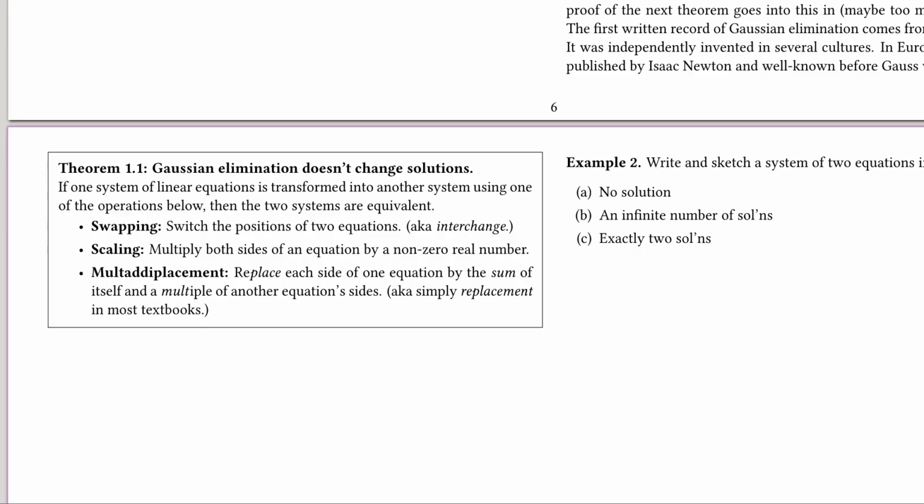What this says is that if one system of linear equations is transformed into another system using one of these three operations, then the two systems are equivalent. And remember, what equivalent means is that the two systems have the same solution set. Meaning, if one ordered list of numbers is a solution of one, it's got to be a solution of the other one as well.